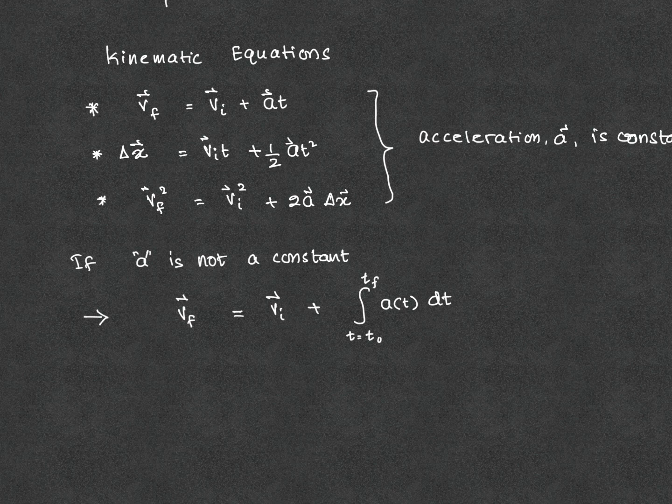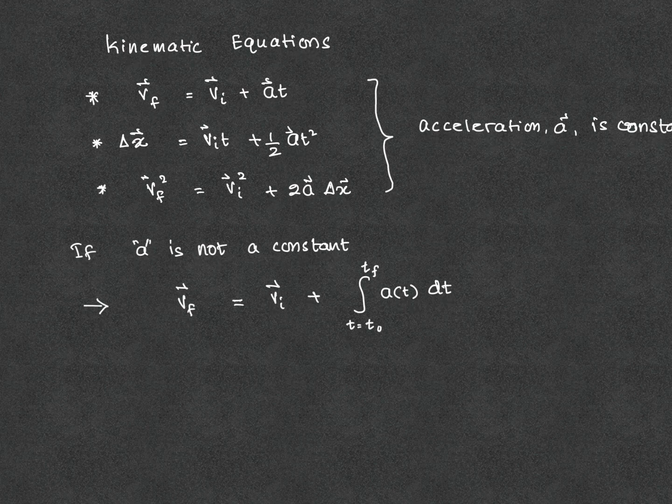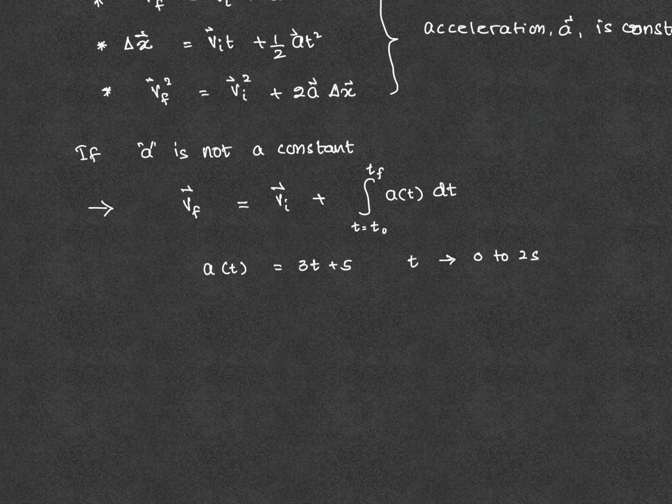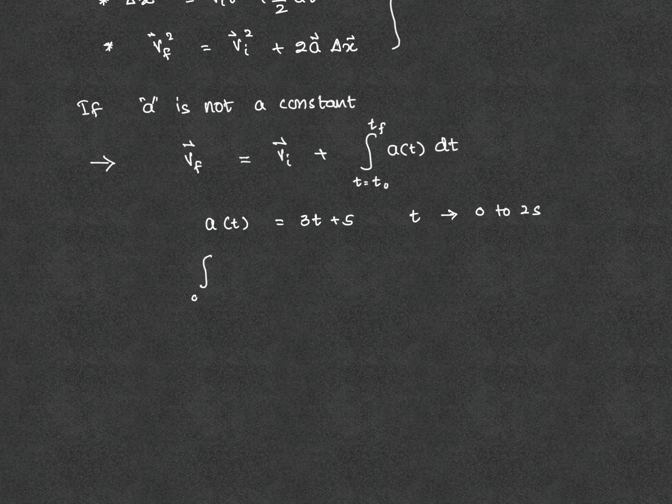So just to give you a quick example of a(t), because you guys have taken calculus: if a(t) is, let's say, 3t plus 5, and if t is changing from 0 to 2 seconds, then in this integration going from 0 to 2 seconds, I'm going to substitute a here, 3t plus 5 dt, and that's going to be equal to 3t square over 2 plus 5t.